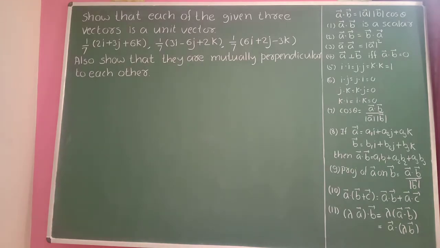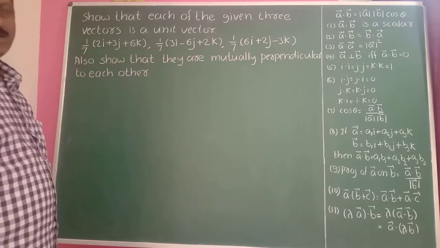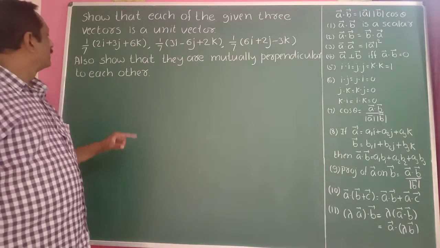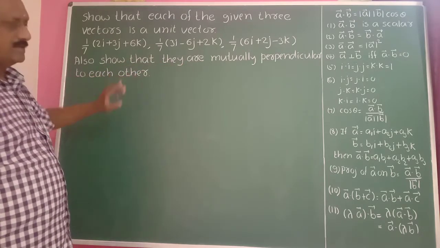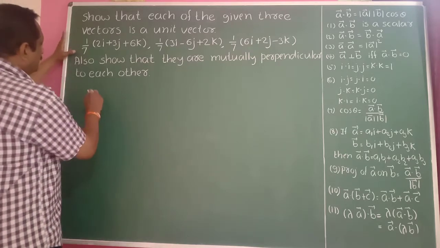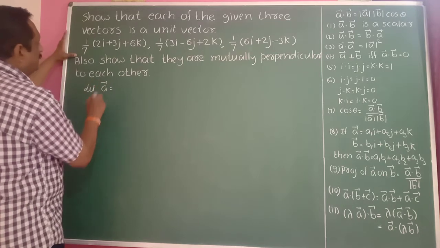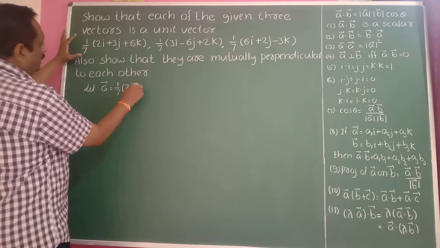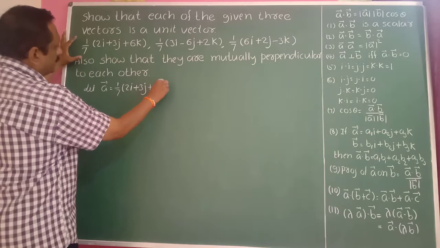So show that each of the given three vectors is a unit vector here. Three vectors are there. You have to prove these three vectors are unit vectors. Unit vector means modulus is 1 unit here. And also show that they are mutually perpendicular to each other. Okay, therefore, let us consider the vector a bar is equal to 1 divided by 7 into 2i plus 3j plus 6k.